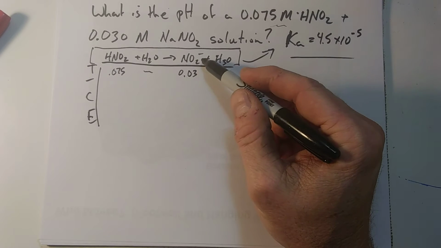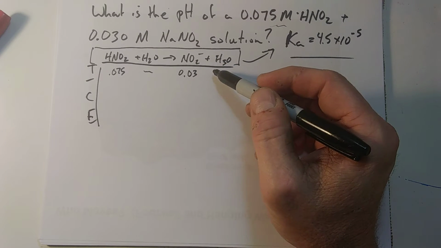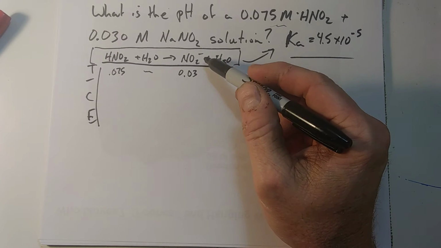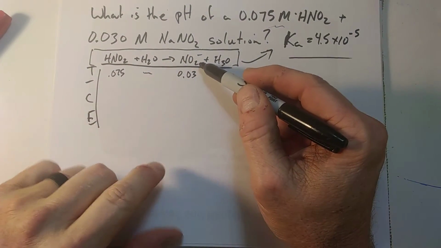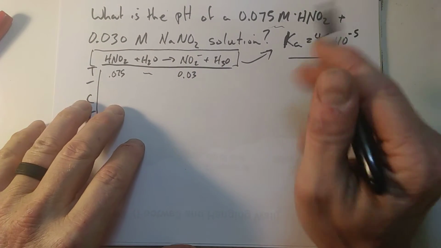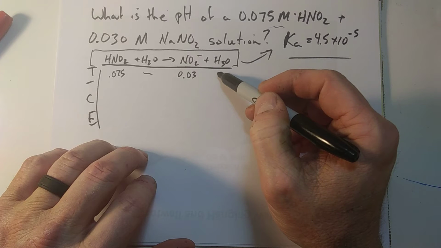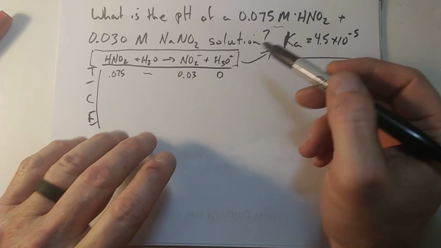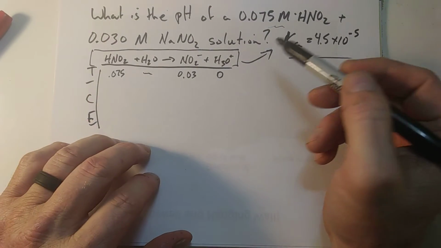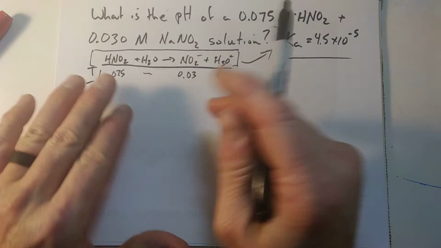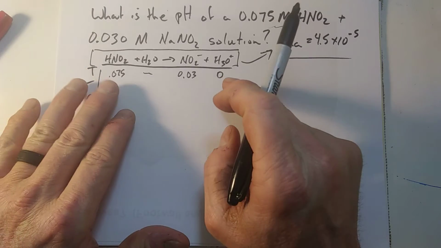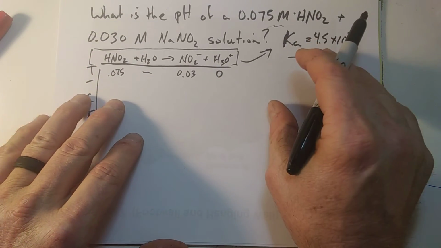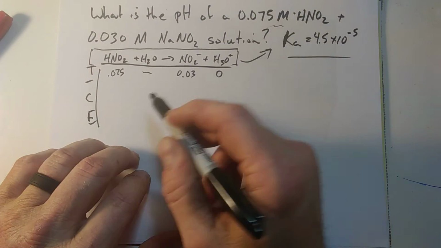Nitrite, not nitrate: it's NO2, not NO3, it's just short of that. It's a different type. And the hydronium would be, we'll say, 0. Of course, this is not exactly 0, but we're saying generated from this acid, there's a 0 amount. So the direction of this reaction would certainly be to the right.